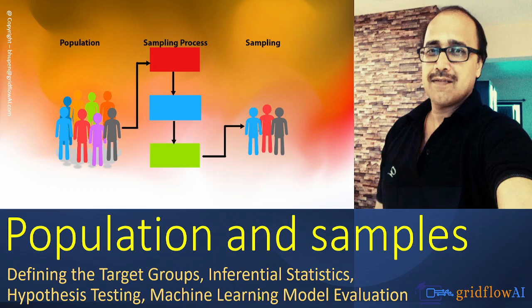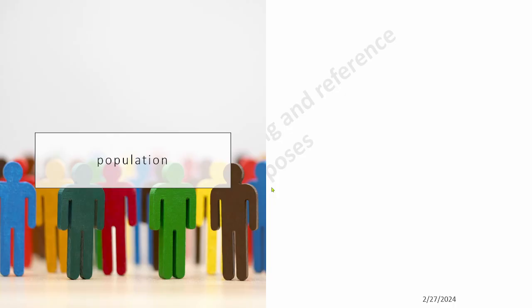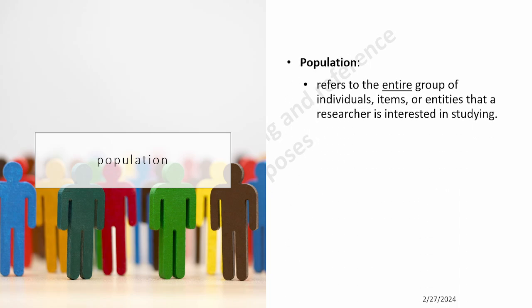In machine learning, when we evaluate multiple models, that's where the concept of sampling becomes very, very important. The first is the definition of population. And along the way, I'll also be showing the Python code demos for each of the mini topics.